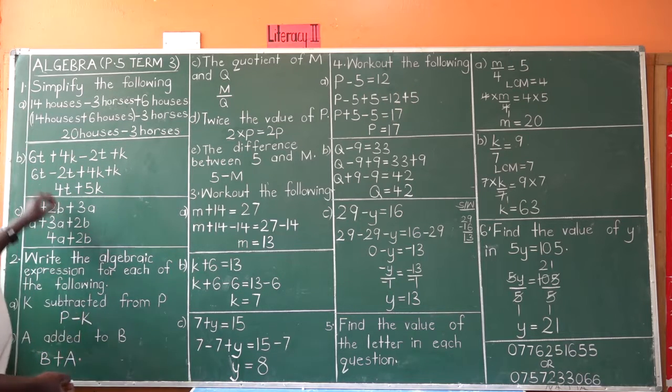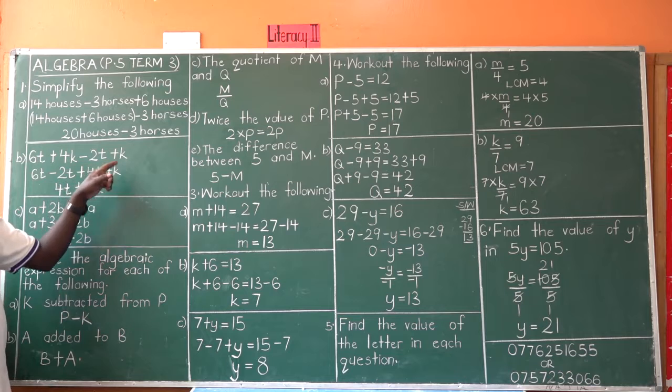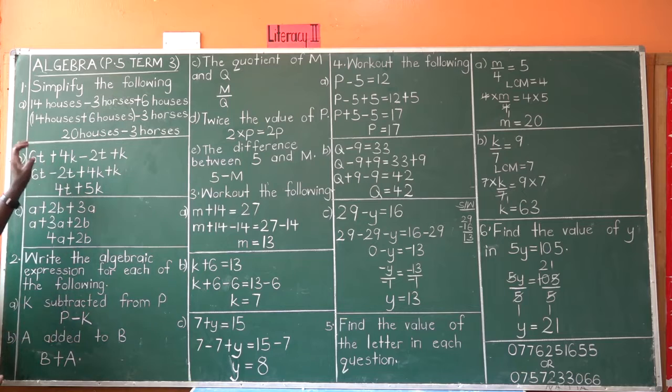As we look at the collection of like terms in terms of letters, part B says simplify after collecting like terms. That is 6 plus 4k minus 2t plus k. You see the t's and k's are scattered. Put them together, and you must note that when you are collecting them together, you must never change the sign.